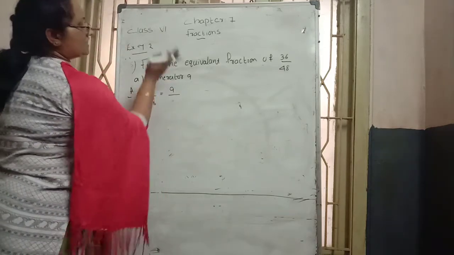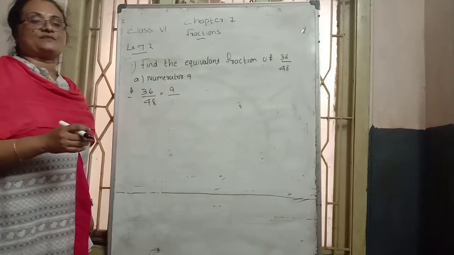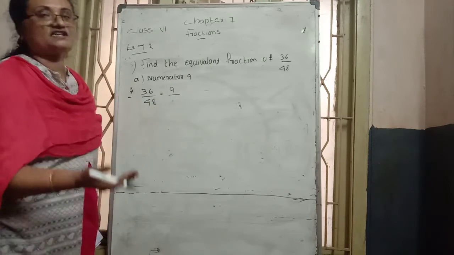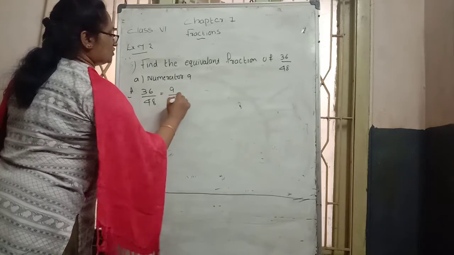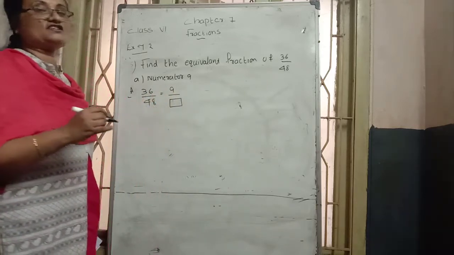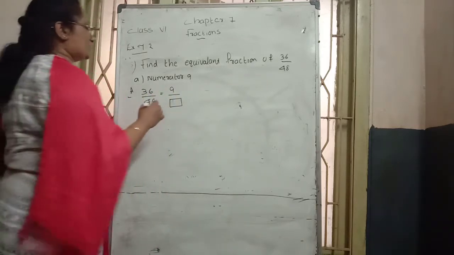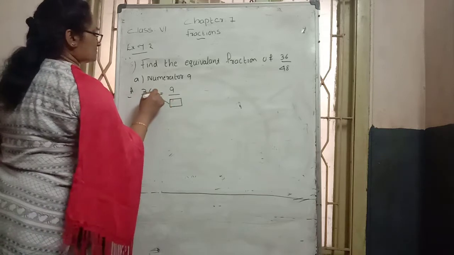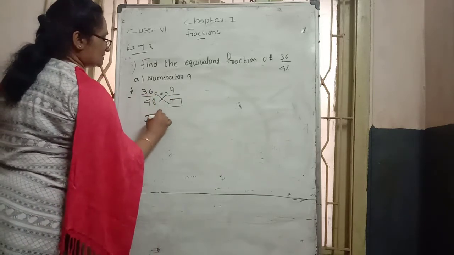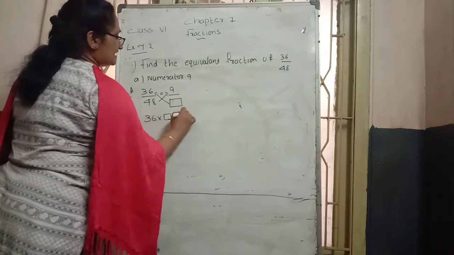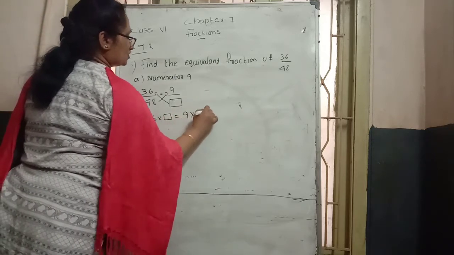In the division line, the part above represents the numerator and the part below represents the denominator. Here the denominator value is not given. We want to find the denominator. How to find the denominator value? Cross multiply: 36 is multiplied with the box and 9 is multiplied with 48.